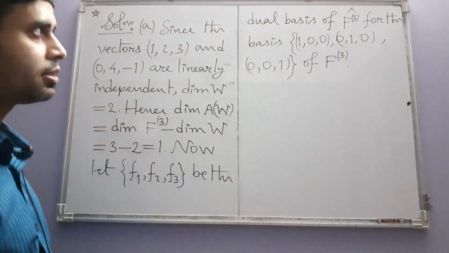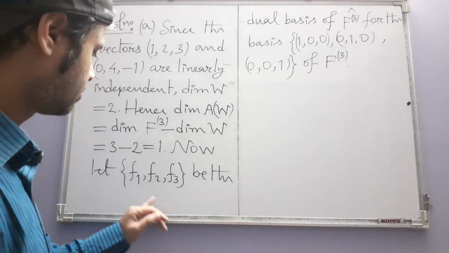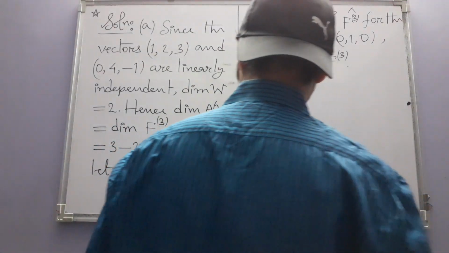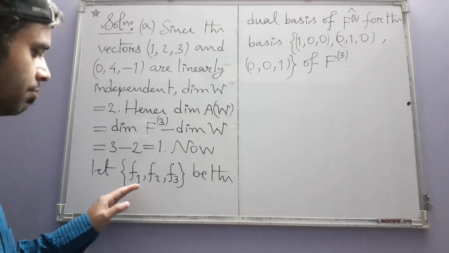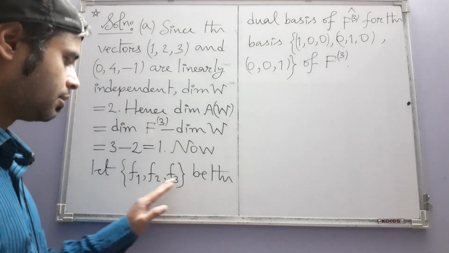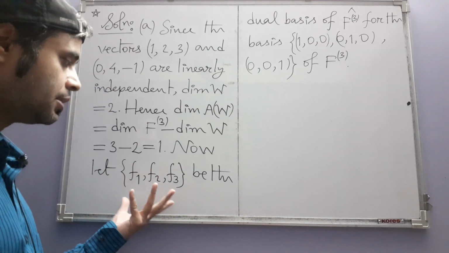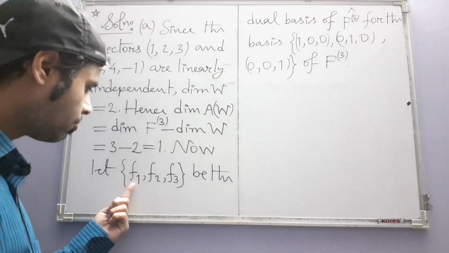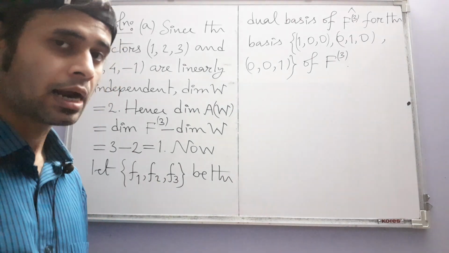So any element in the dual space, that is any linear functional, will be a linear combination of these things. And we are using this fact, because we know what these basis functions are precisely.